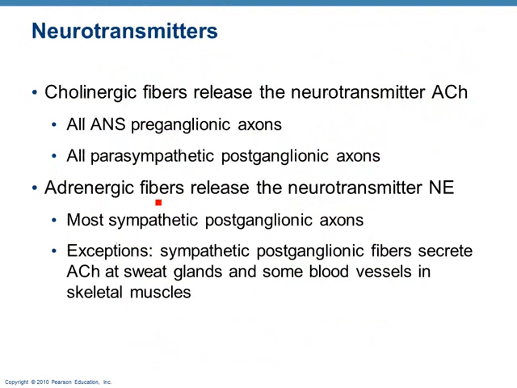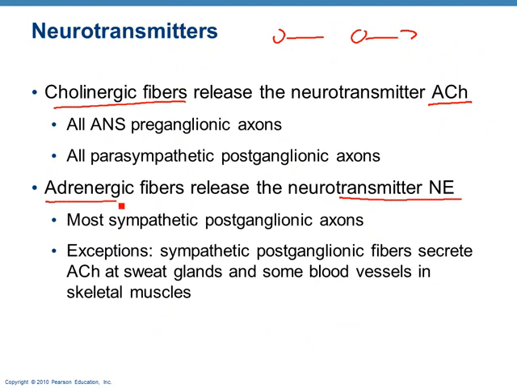Okay. When we talk about those first neurons and second neurons, if it releases acetylcholine, we call that axon or that neuron a cholinergic fiber. Acetylcholine, cholinergic, that's what type of fiber it is. Okay? If it is a neuron that releases norepinephrine, we call that adrenergic.